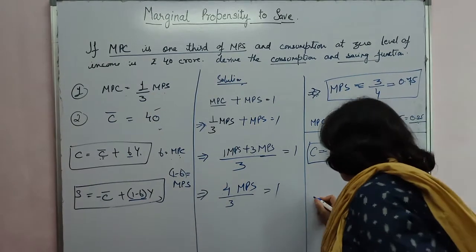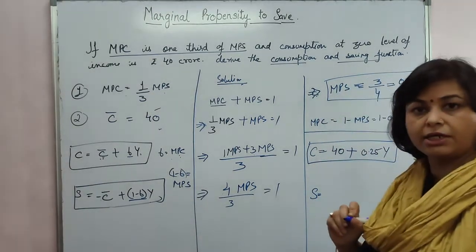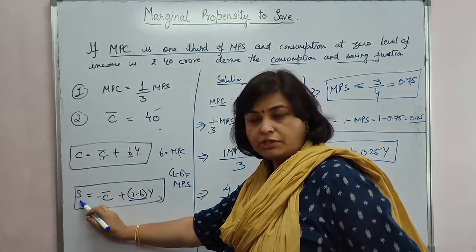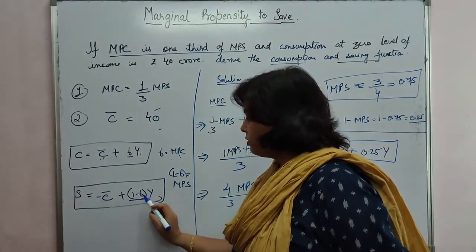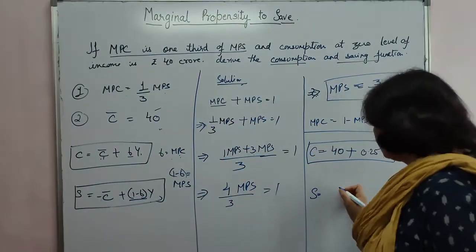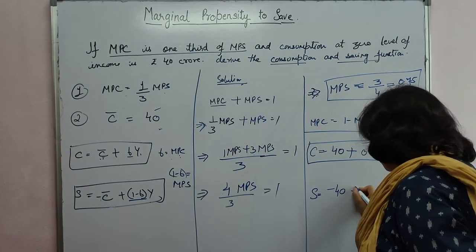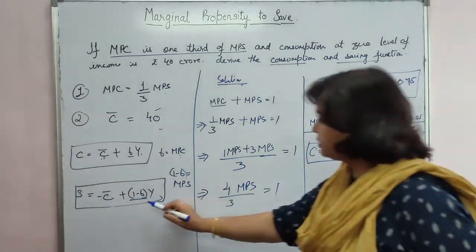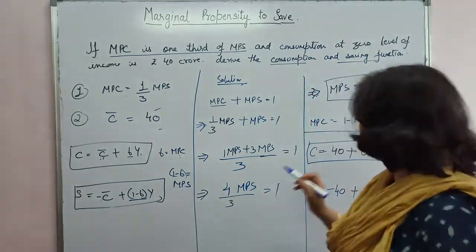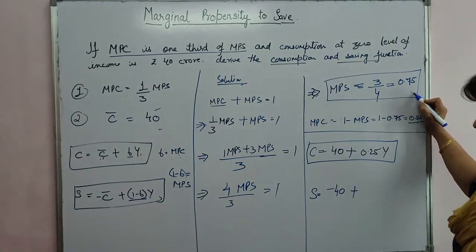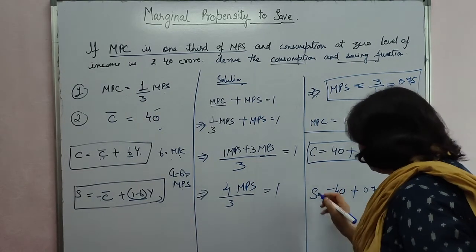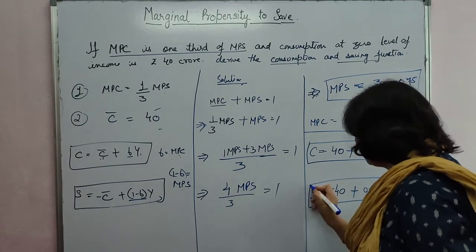The second part of the question is to derive the equation of the saving function. Now the saving function is equal to minus C bar plus 1 minus B Y. So minus C bar will be minus 40, plus 1 minus B Y. The value of 1 minus B is equal to MPS, and the value of MPS is 0.75, so plus 0.75 Y. So this is the saving function.